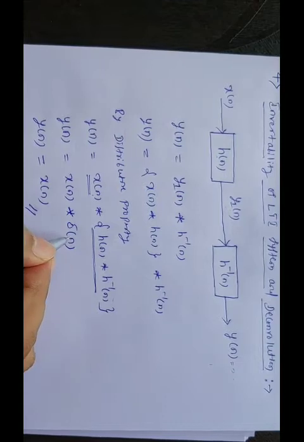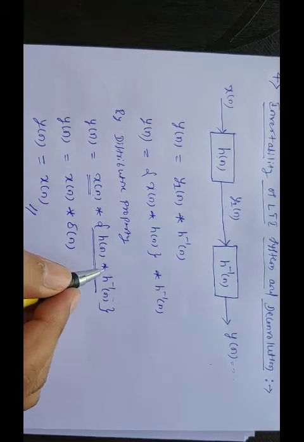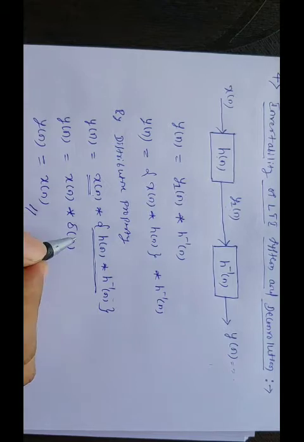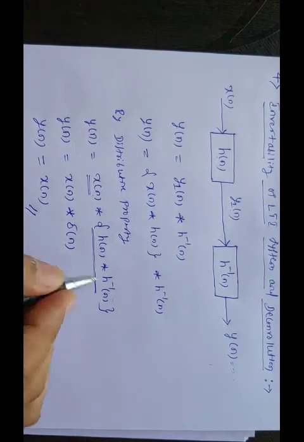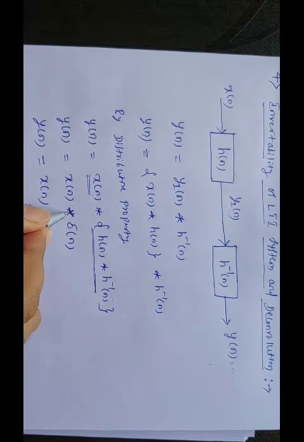Other than the delta function I am not going to get x of n. If I use a unit step signal or any ramp signal, I am not going to get it, because x of n star u of n is not x of n. Look here, it is not a product: the convolution between x of n and delta of n is x of n, as we have already seen.